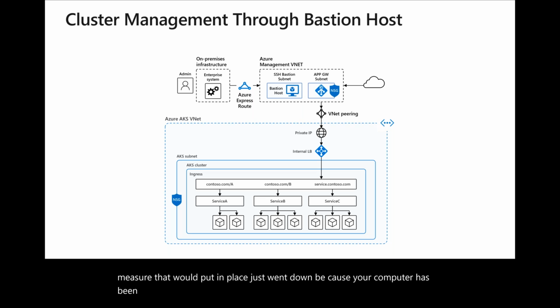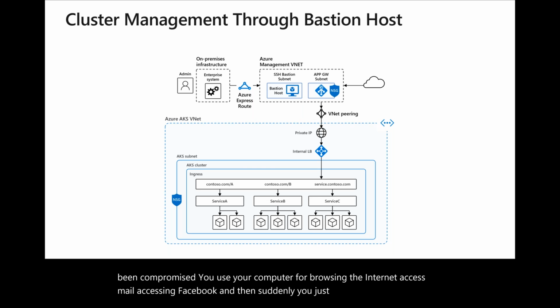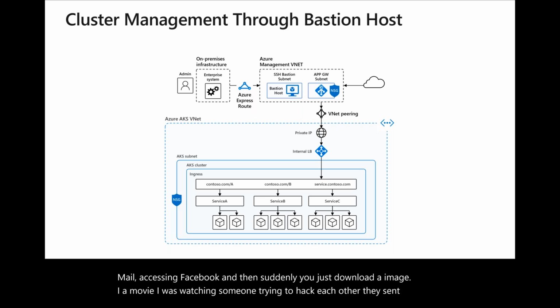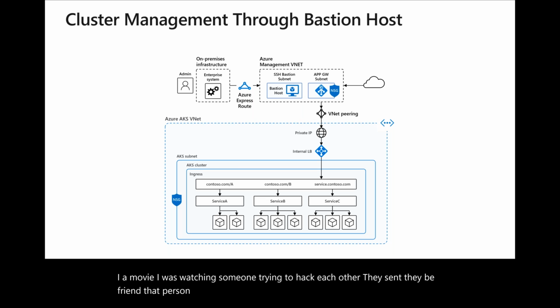You use your computer for browsing the internet, accessing mail, accessing Facebook, and then suddenly you download an image. I don't know, it's actually like a movie I was watching, where someone was trying to hack another person. They befriend that person on Facebook and send an image of a cat, and that person loved cats.